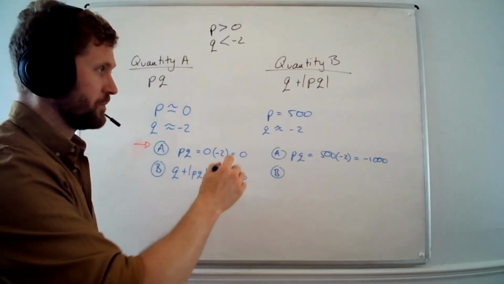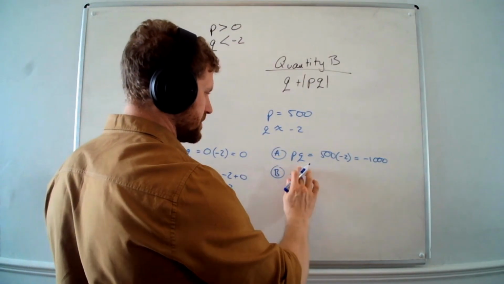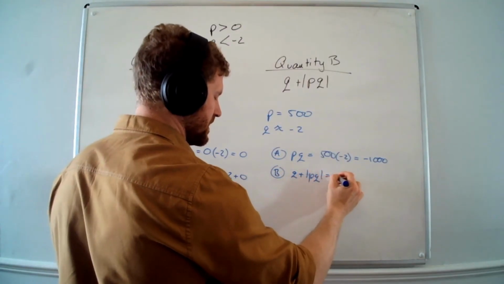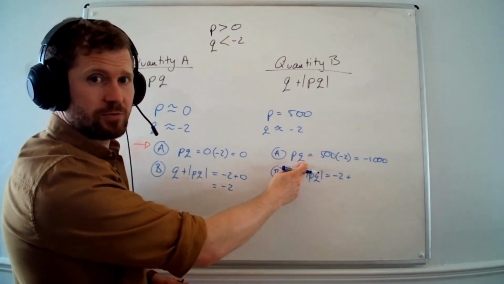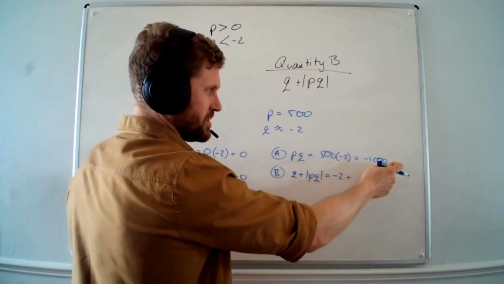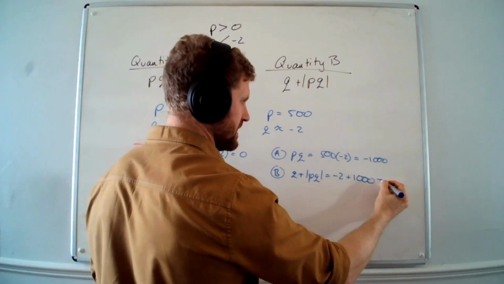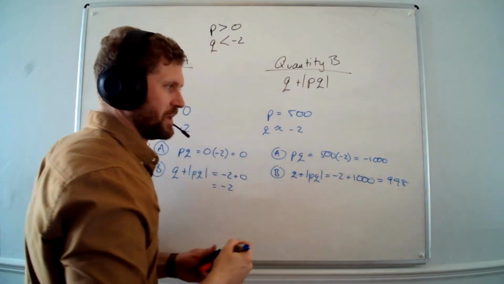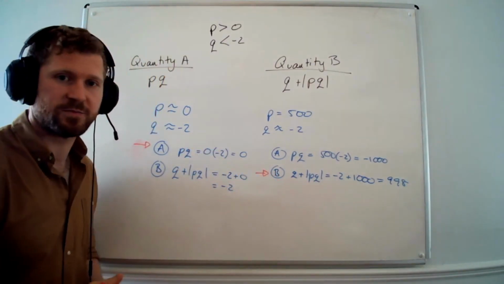Quantity B, though, well, q is still -2, but I'm going to add on the absolute value of p times q. Well, we know that p times q is -1,000. The absolute value of that is going to be 1,000. And so that'll come out to something big, in this case 998. So from this scenario, quantity B is bigger.